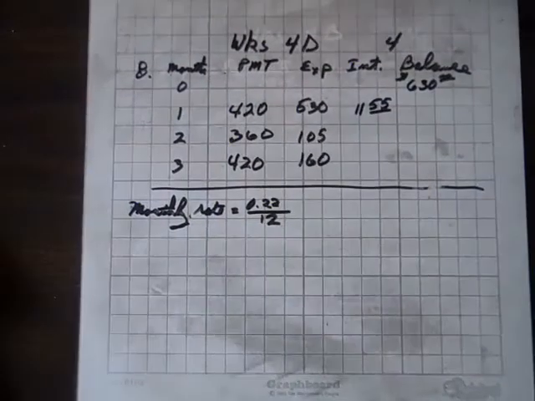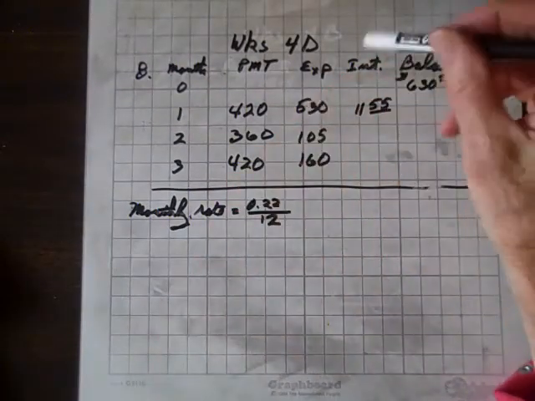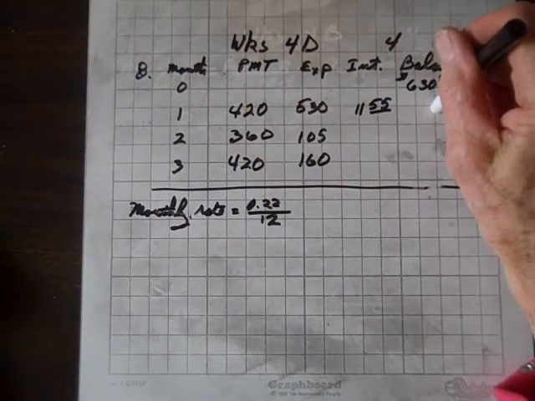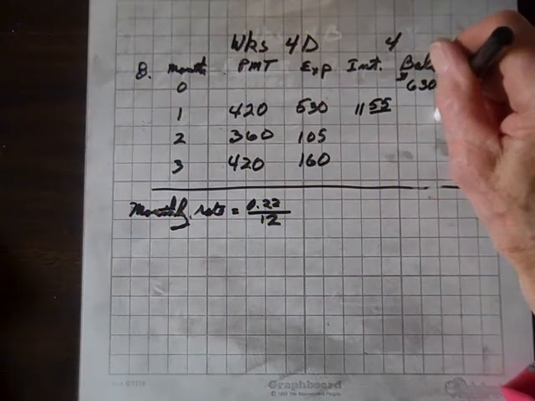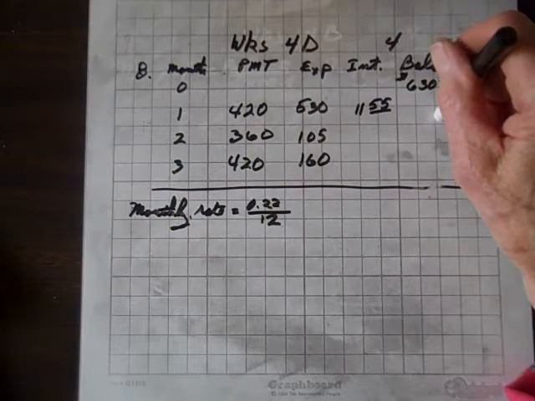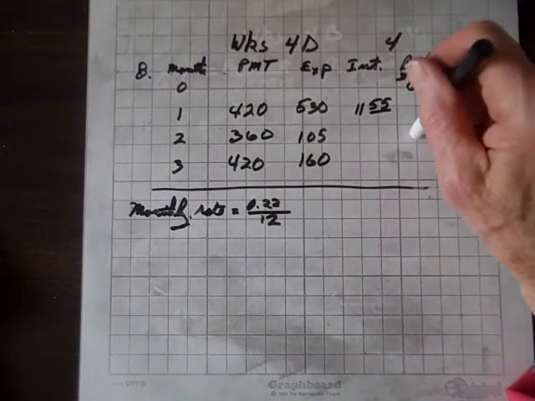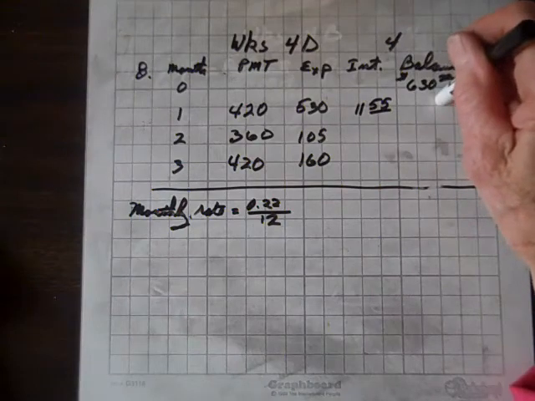So now let's do number 8. And for 8, we're given this table of values, and we have to fill in the blanks. And we've got to compute the interest monthly on the balance.